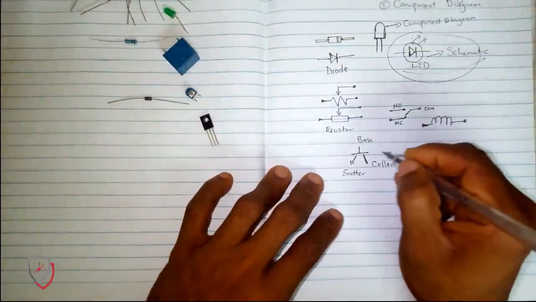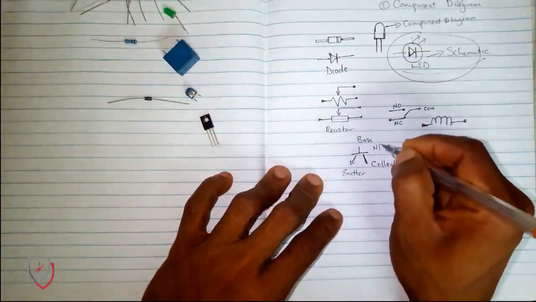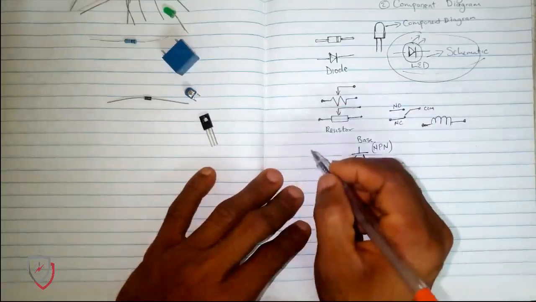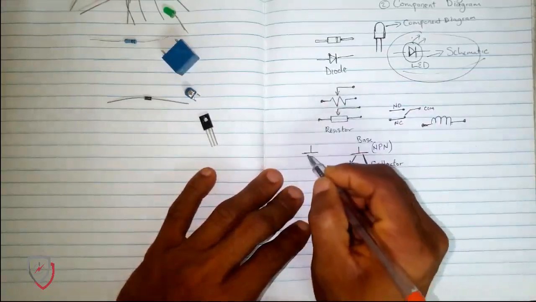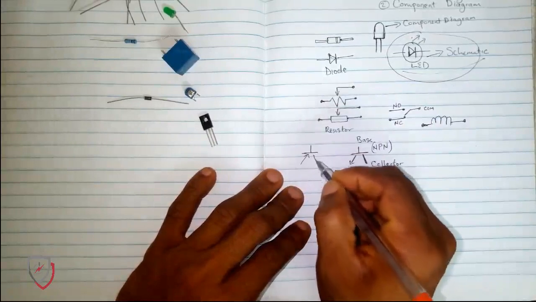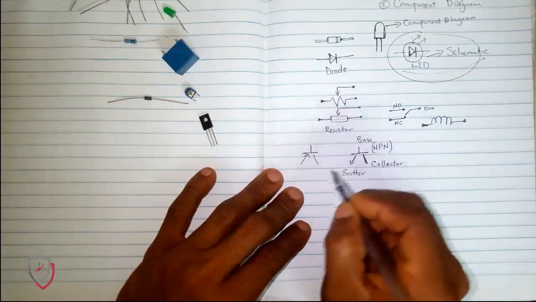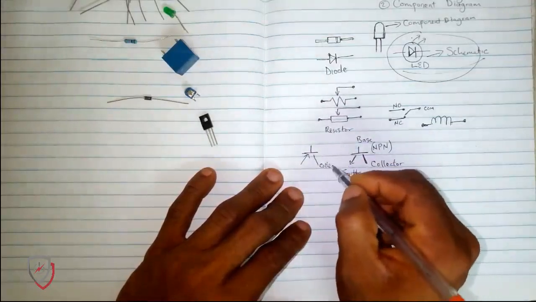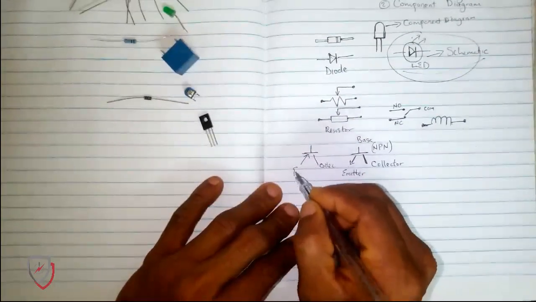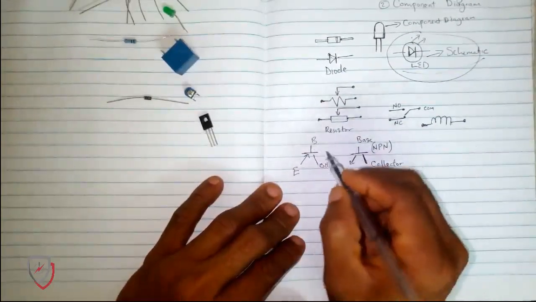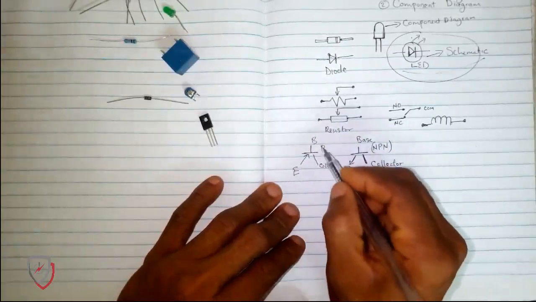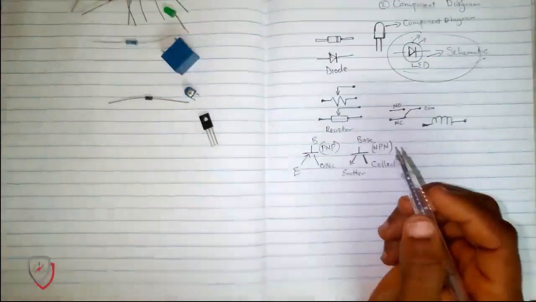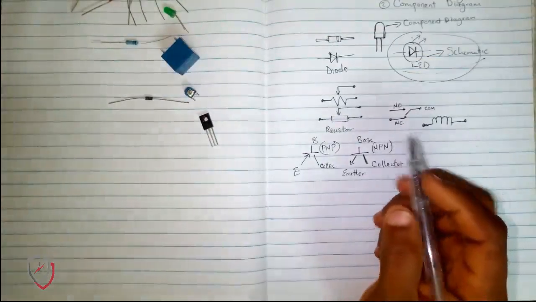This particular type is called NPN. Okay, now we have another type. The same collector, their terminals are the same: collector, emitter, base. So this particular one is called what? PNP. So that's how it is.